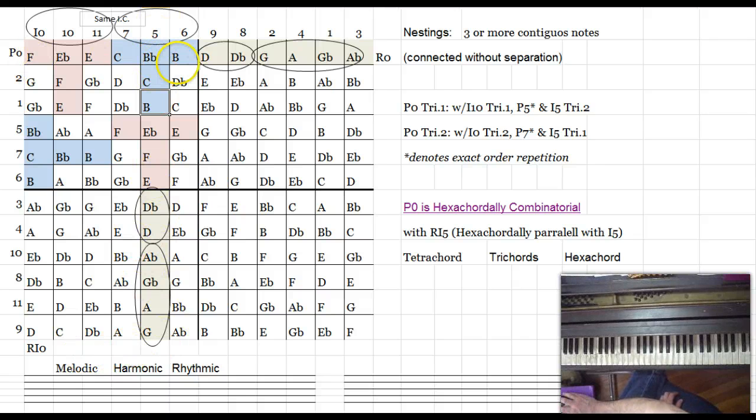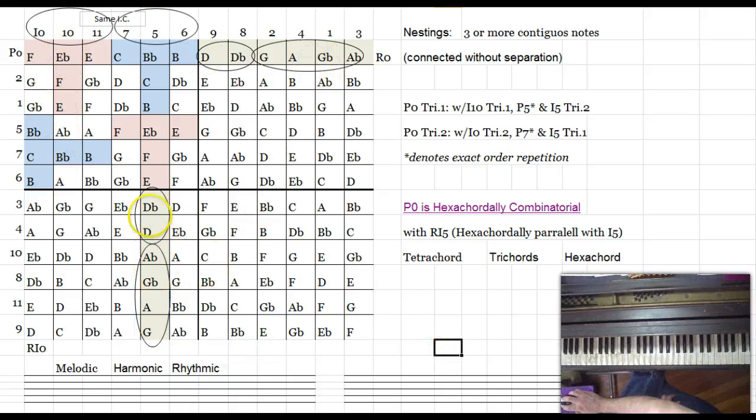So when P0 is read at the same time as RI5, you get all 12 notes. When this one reads 6 notes and this one reads 6 notes, you've got all 12 notes possible already taken up. So this one, first half of this, is the same as the second half of that. And the first half of this is the same as the second half of that. So the first half of RI5 is the same as the second half of P0.